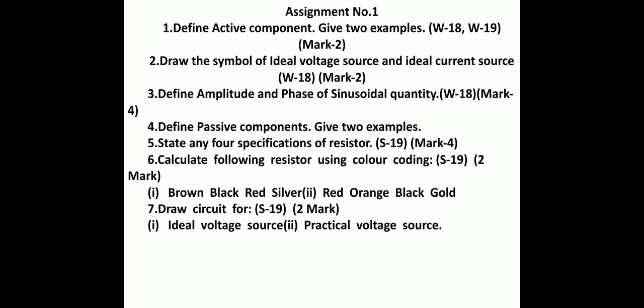Unit number 4, electronic components and signal. In this unit, we studied what electronic components are, and the types of electronic components, such as passive components and active components, with examples and the difference between them. Then, what are passive components?